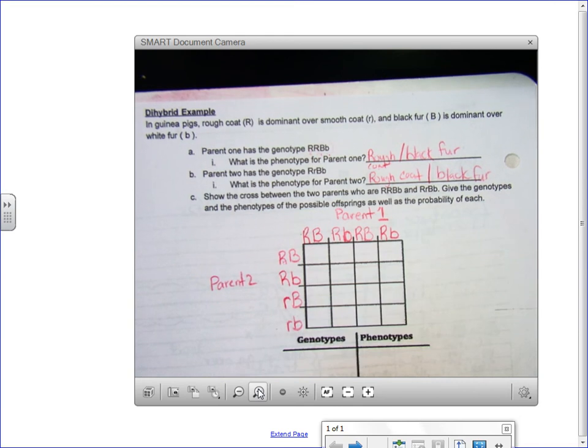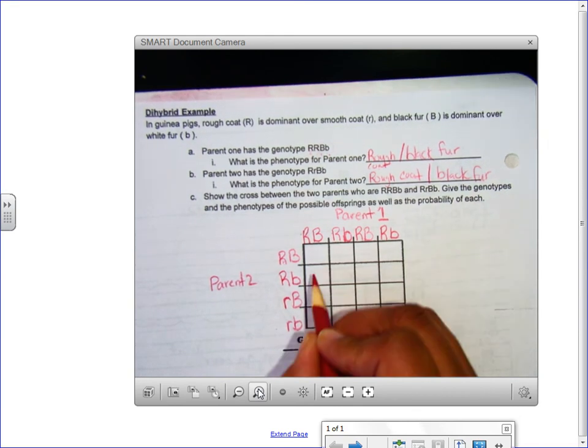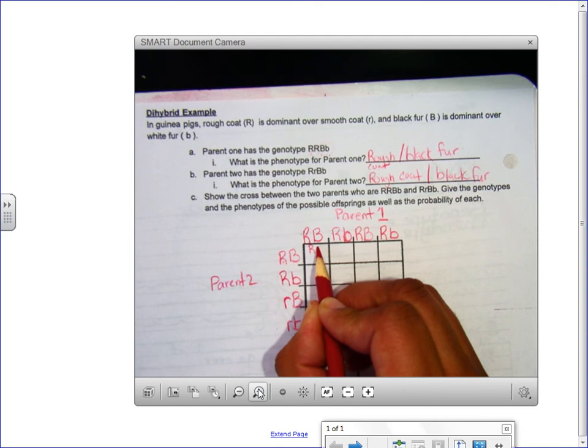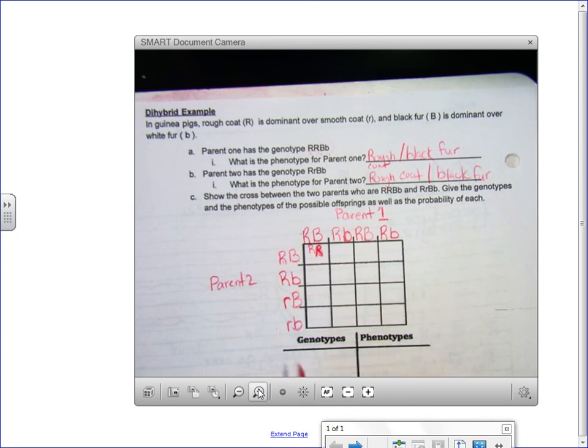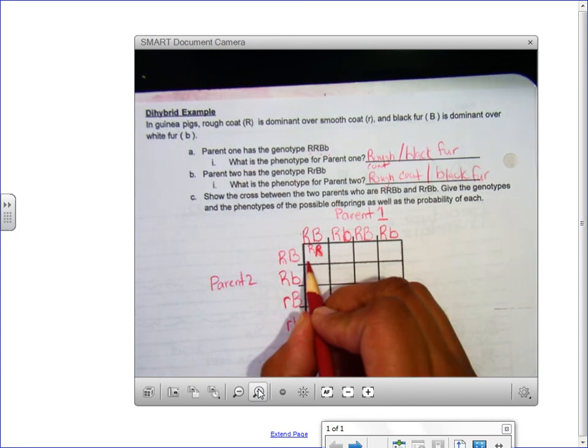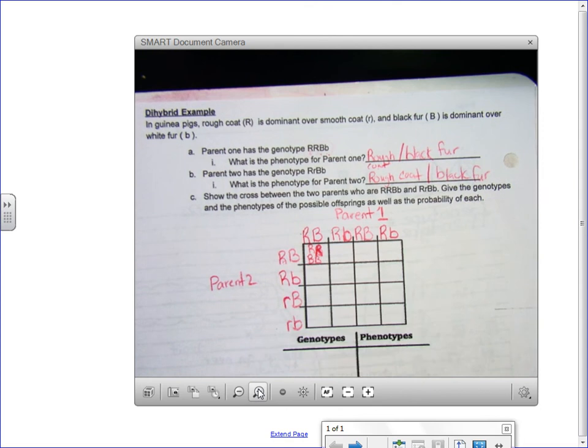They're all R's. Capital R. Sorry, I meant to put an R. And then the possibility of the color would be capital B, capital B. So one offspring would be rough hair, black fur.